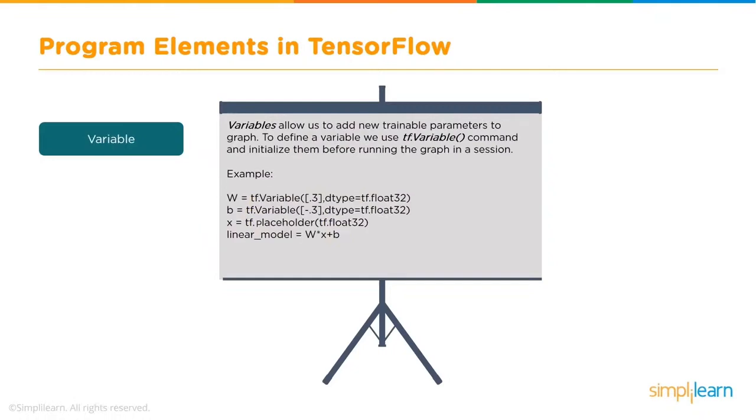Alright, so then we have variables. Variables we are all familiar with. Whenever we use programming, we use variables, so this is pretty much the same. This is the way you define variables, tf.Variable. One thing you need to note is this is the only type in which we have a capital V. Constant has a small c, and placeholder has a small p, but Variable has a capital V. So tf.Variable, and then you give a value, and then you can specify the type.